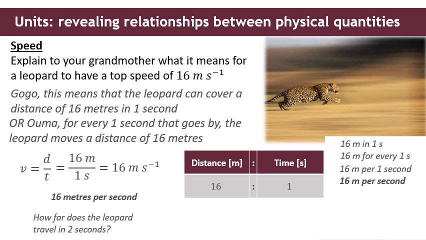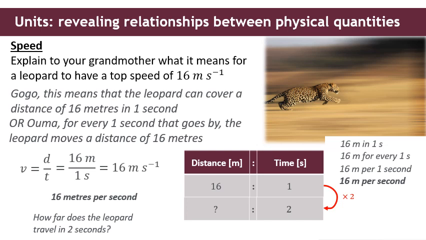Now, if I ask you, how far does the leopard travel in 2 seconds? I want to show you how we can easily use the ratio table to answer that. Hopefully this insults your intelligence, but we just want to get a feel for the ratio table. So 16 meters in 1 second, we want to know the distance it travels in 2 seconds. On the right-hand side of that ratio table, we have to multiply by 2.